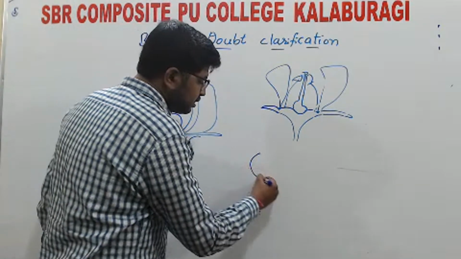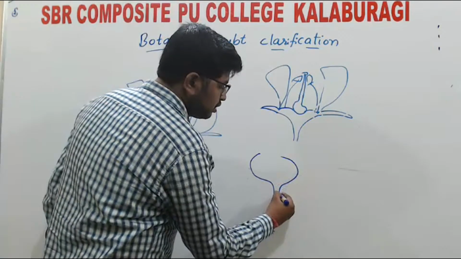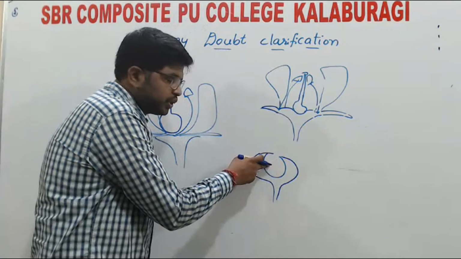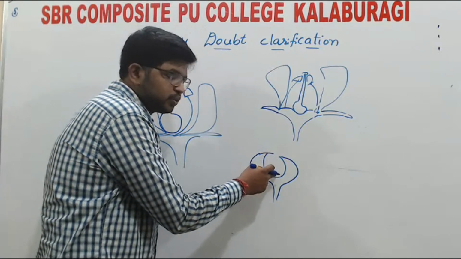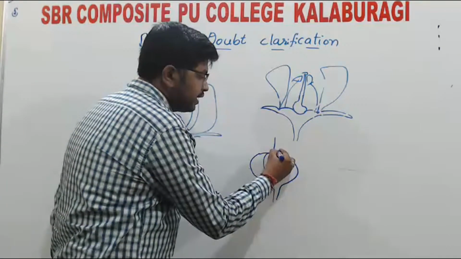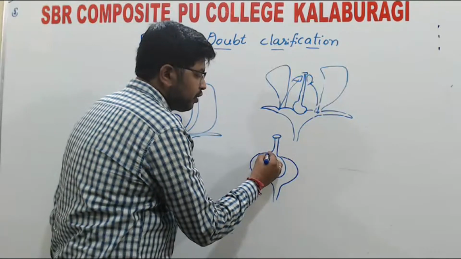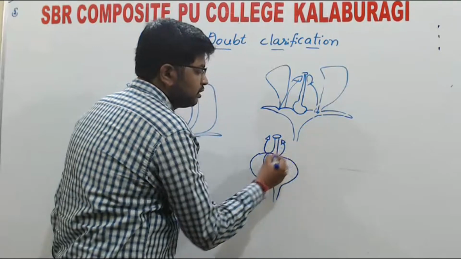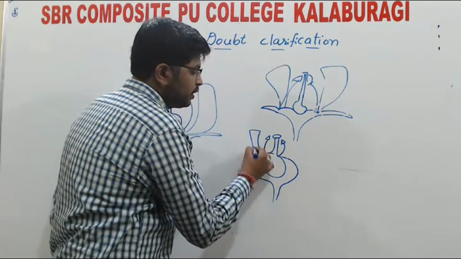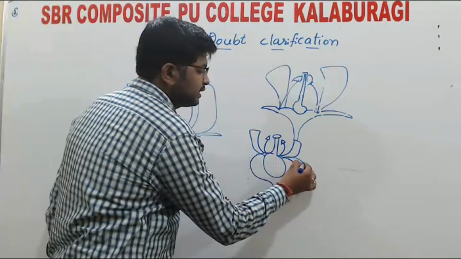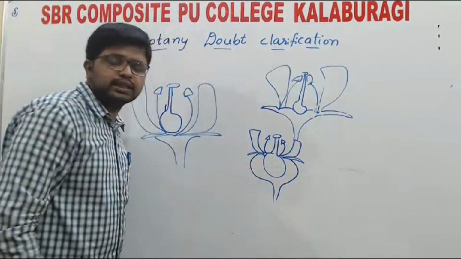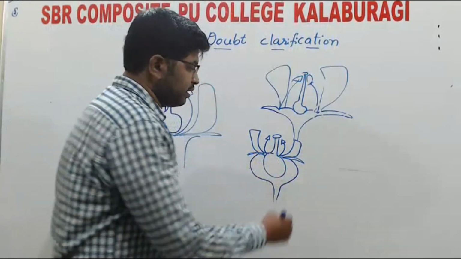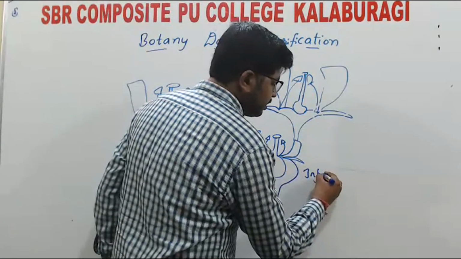And at the last, if you see that the ovary is situated below and fused with the thalamus, and all the floral parts are above the ovary, such a situation we call epigynous, where the ovary is said to be inferior. So this is the inferior ovary.